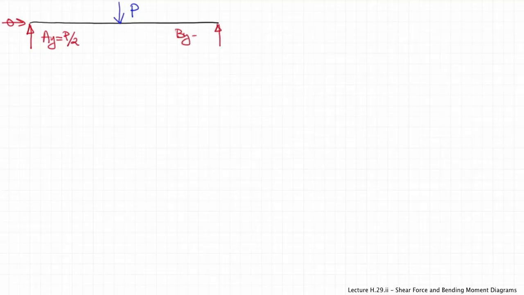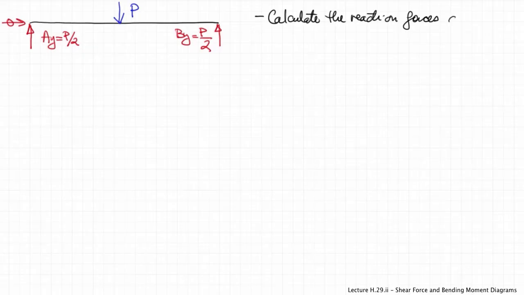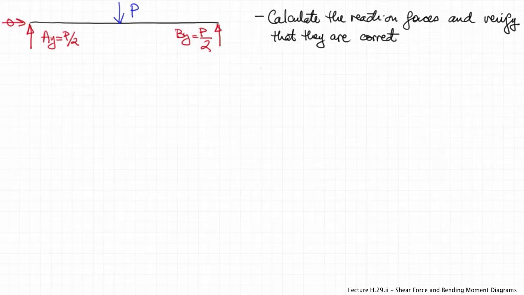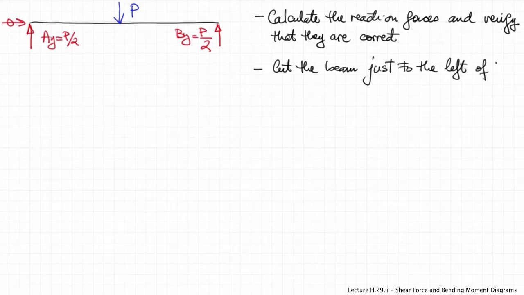And then through symmetry, it's a symmetric beam with symmetric geometry and symmetric loading, the vertical reaction forces at each end will be half P. Ay is half P, By is half P. Now, the next step would be to verify that these reactions are correct, because if they're not, everything else that you do will be incorrect.